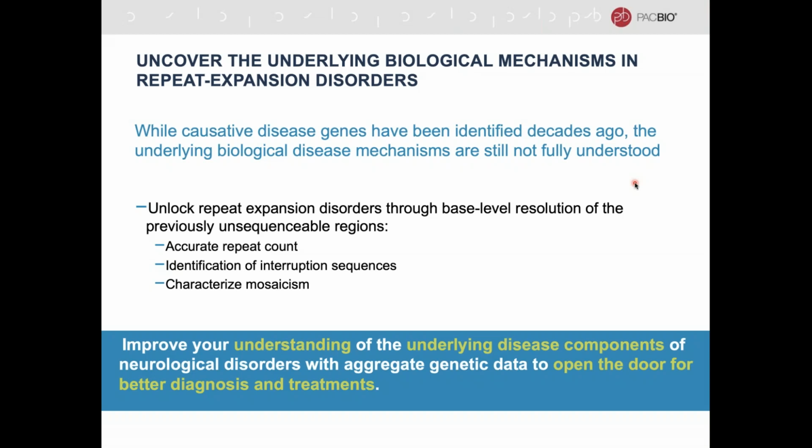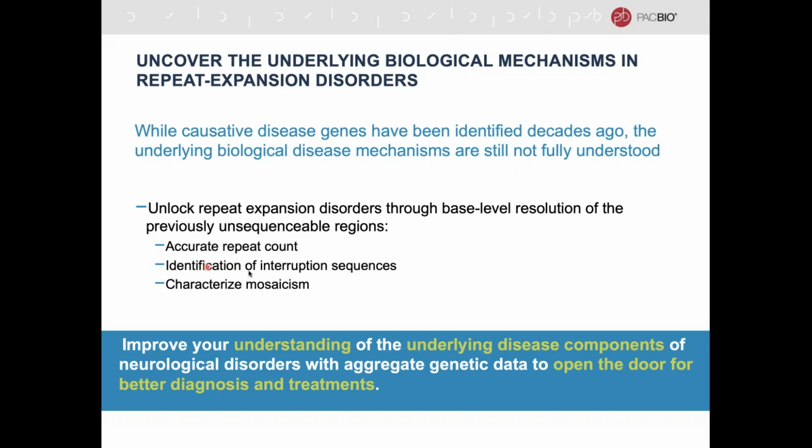So to progress research, they really need base level resolution into these regions, and that will allow them to get an accurate repeat count, which will give them a much better understanding of where the threshold is for the normal repeat length for the general population, pre-mutation, and the full mutation.